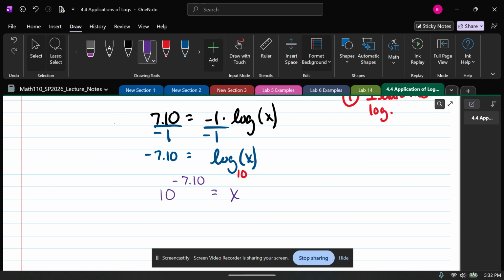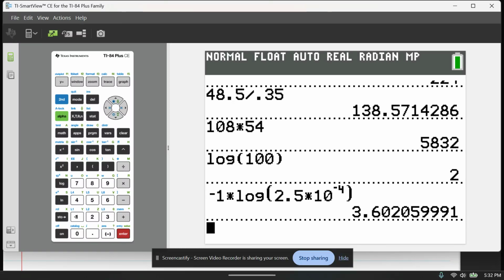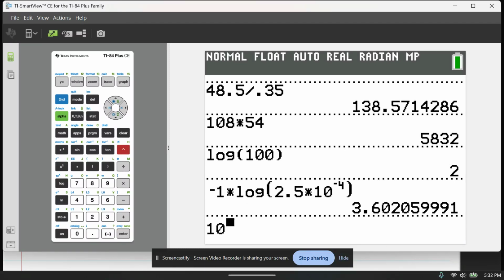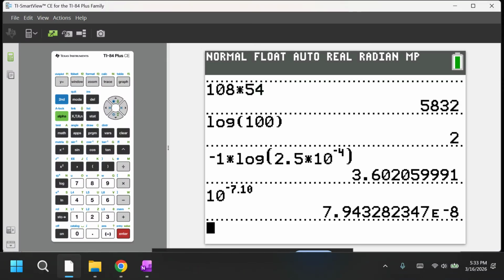I'm going to work out what that number is. So this is where I'm going to go to my calculator, and I'm going to type in 10 raised to the -7.10. Hit enter. And this is where we got to learn to read our calculator a little bit. That notation right there, that E -8, is the same thing as scientific notation.